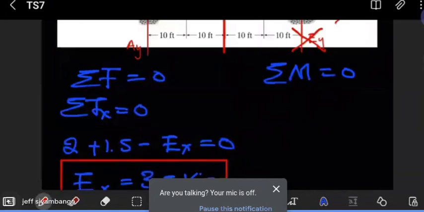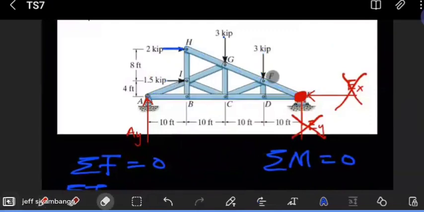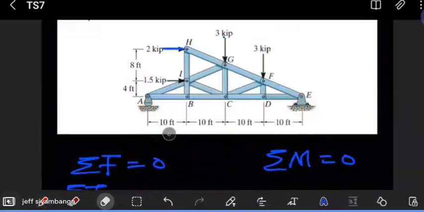Knowing the reaction forces gives us a little bit of freedom here. How do we work out this problem? Well, it's up to us. We now want to pick a starting point. We know the reaction force at A and also at E. So I have the freedom to start at this point, at that point, or at that point. Those are the three best starting points that you have.